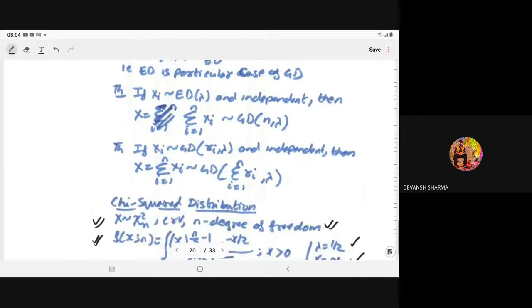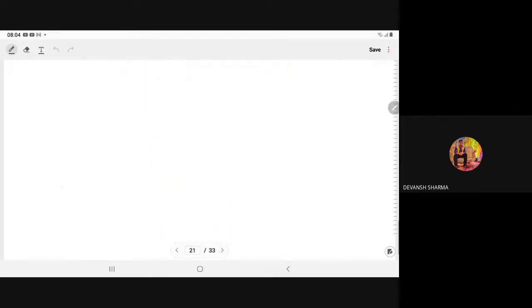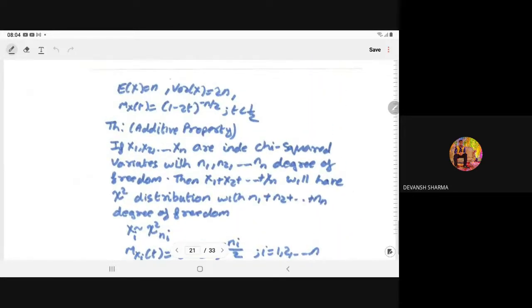So here we have E(X) equal to n, V(X) equal to 2n, and M_X(t) equal to 1 minus 2t to power minus n by 2 for t less than 1 by 2.